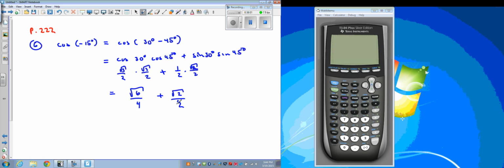Yeah, 4. So what we could write this as is the square root of 6 plus the square root of 2, over 4.